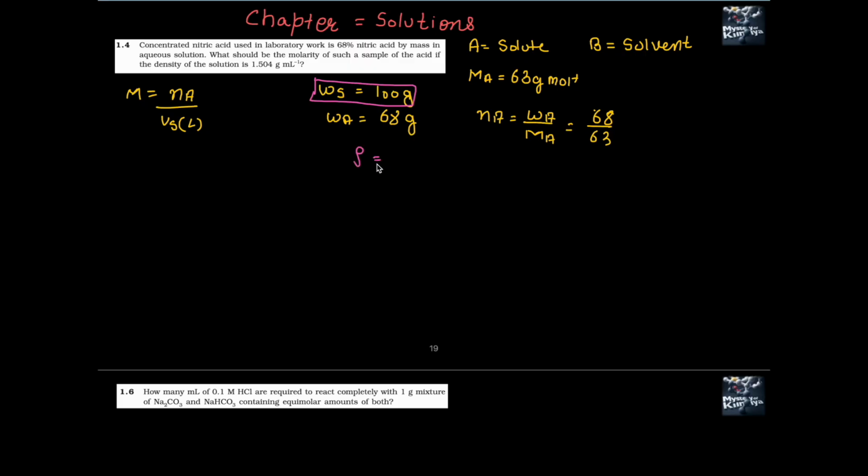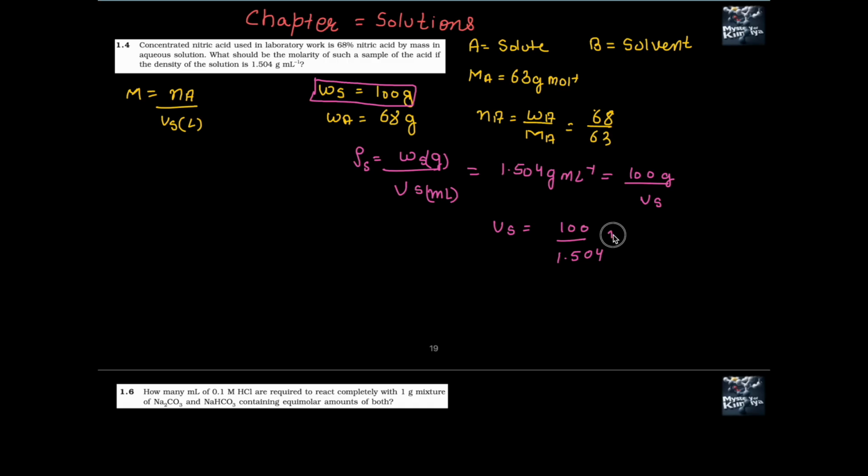So density of solution is equal to weight of solution upon volume of solution. The density is in gram per ml, which means the weight of solution we have to take in gram and the volume would be in ml. This value is equal to 1.504 gram per ml. So the weight of solution is 100 grams, and the volume of solution, let's suppose, is Vs. So the volume of solution would be equal to 100 upon 1.504.